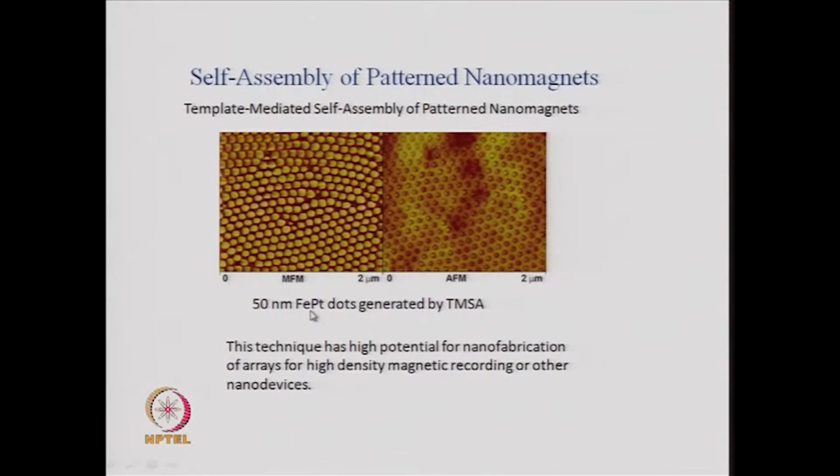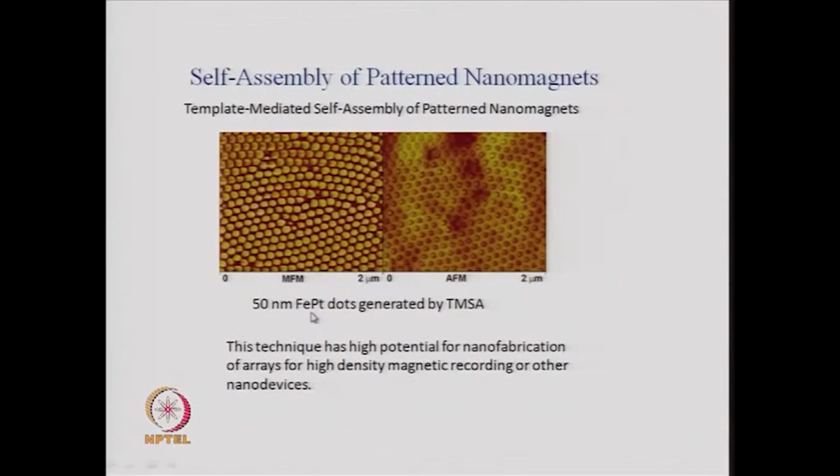Iron platinum in the bulk is a hard magnet, it is a magnetic substance, has a high magnetization, a high remanent magnetization, has a high coercive field, and that is why it is a strong or hard magnet. And when you make a surface out of small, nano sized particles of iron platinum, you have a pattern of nanomagnets.